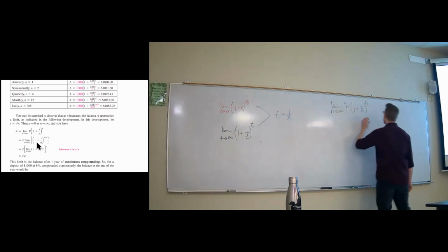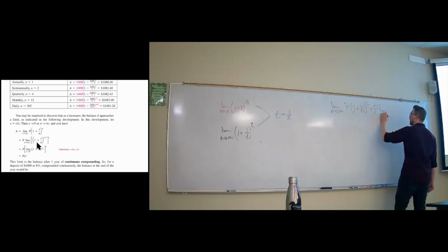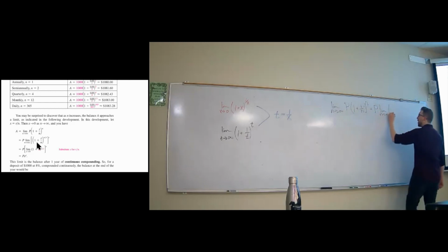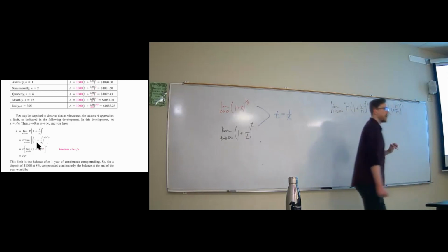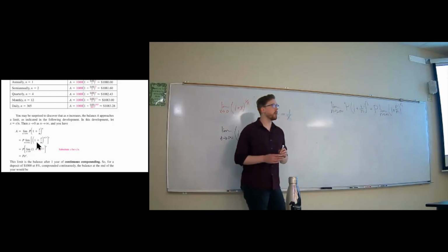This is equal to the limit as n goes to infinity. I'm going to say P times the limit as n goes to infinity of 1 plus r over n to the n power. Now, we're going to divide out in our exponent an r.